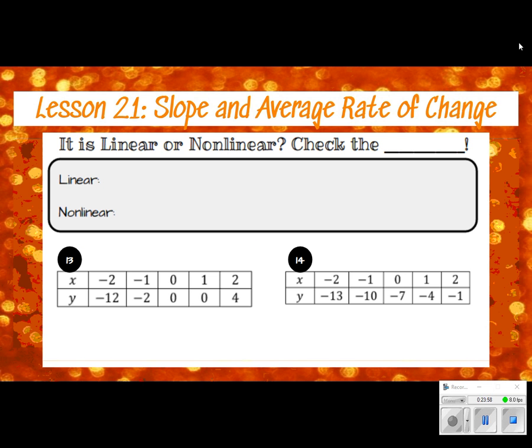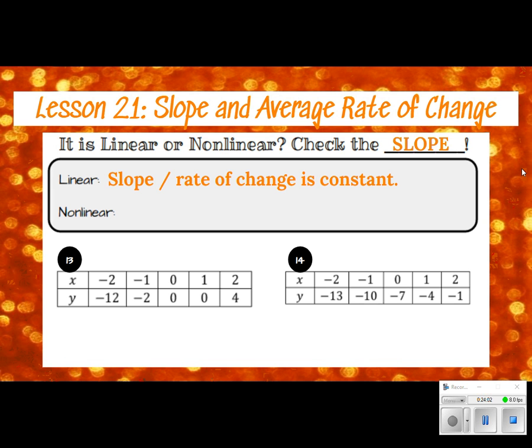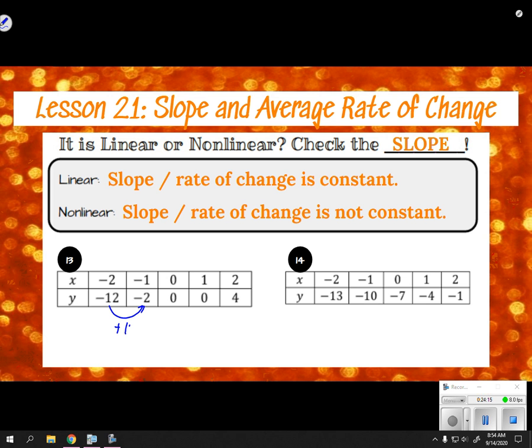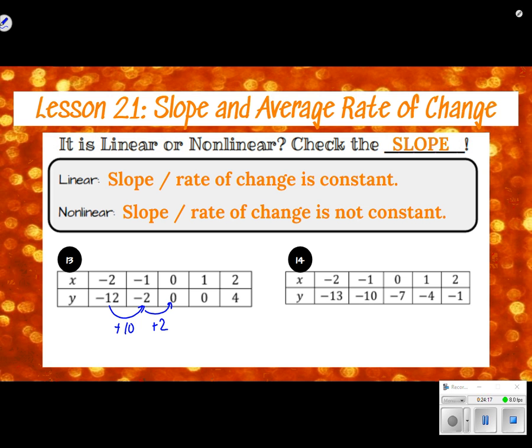Ooh, not yet. Is it linear or nonlinear? Check the slope. Linear has a rate of change or a slope that's constant. Nonlinear has a rate of change or slope that is not constant. So let's look. How are we changing? Here we're adding 10, we're adding 2, we're adding 0, we're adding 4. But we're not going to freak out until we compare them with what's going on with the x.